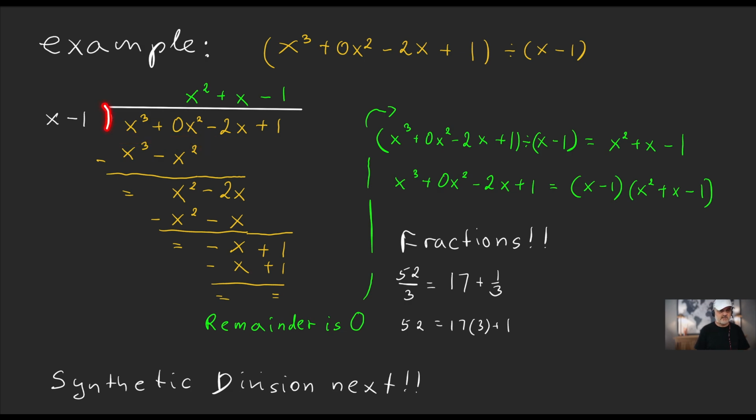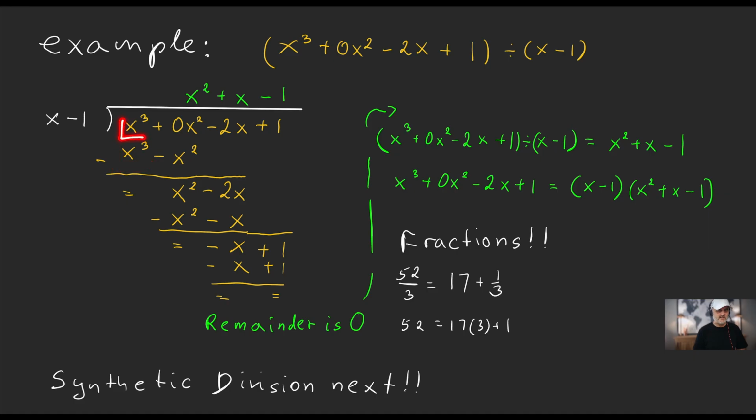Then you create that little symbol, and then you place the answer on top. This is going to be the location for the answer, and the divisor is x minus 1, kept on the left side. So the order is properly established from highest to lowest, and then you start step 1.